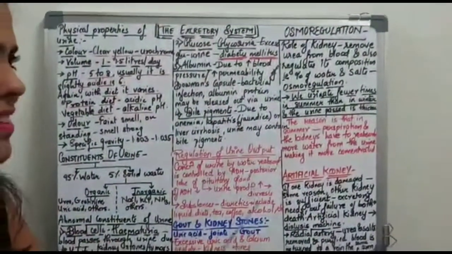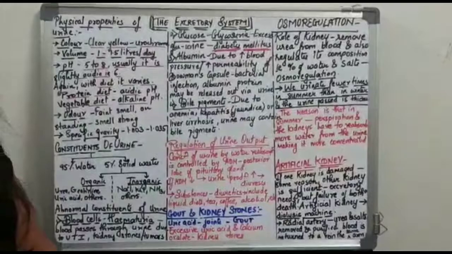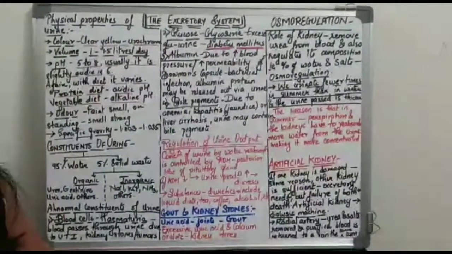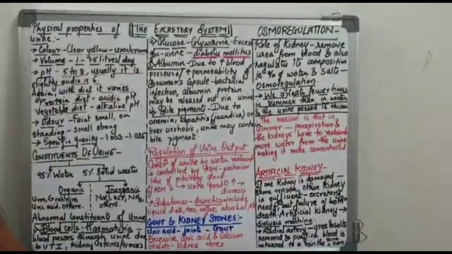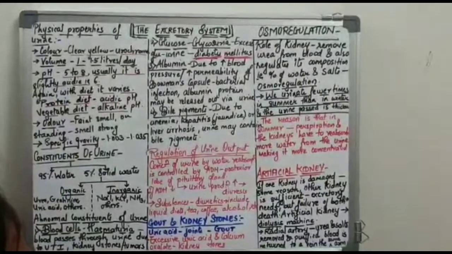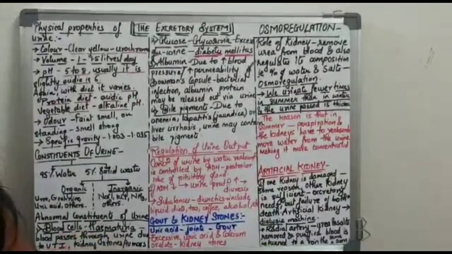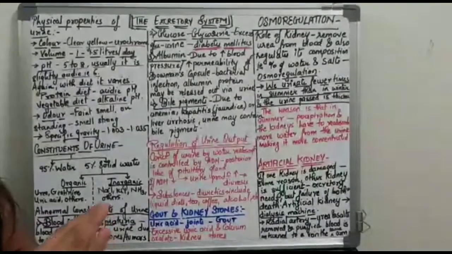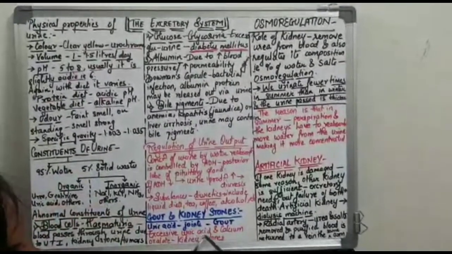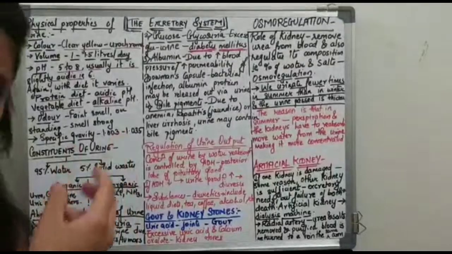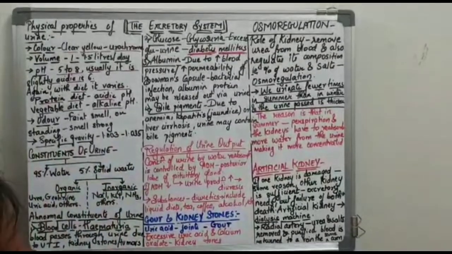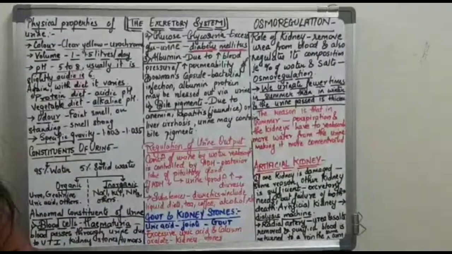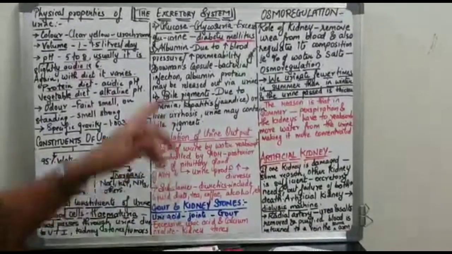Now you must have heard about diabetes. Diabetes is a disease where insulin production is not proper in the person's body, because of which the sugar level rises in the blood. But it's not only in the blood, the sugar, I mean glucose, is also released in the urine sample.